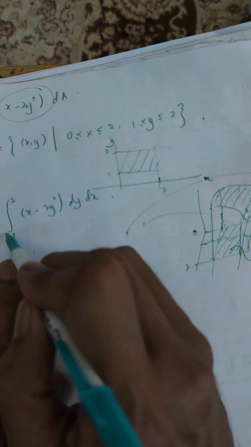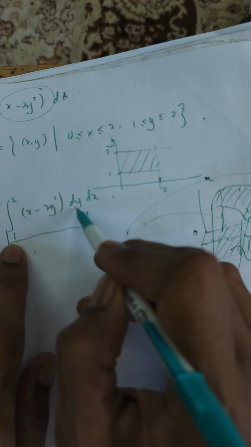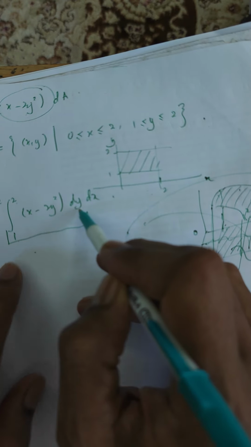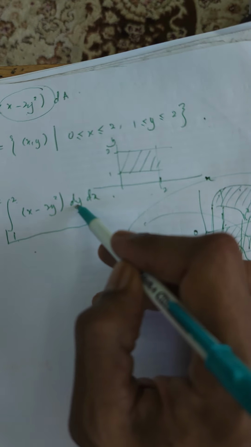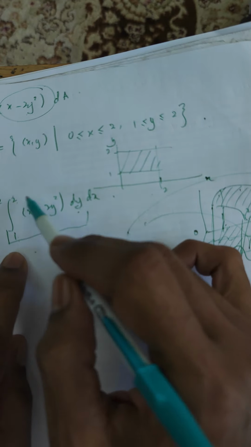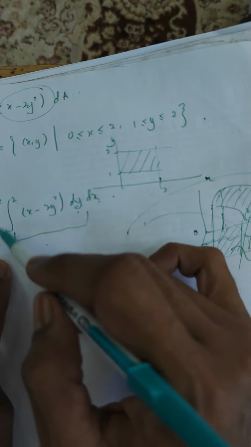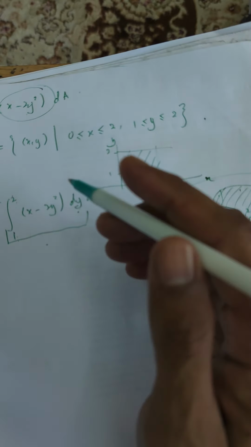Make sure that you have the correct combination between the limit and the variable of integration, the dummy variable here. If it is y, then the limit must be for y. If x, the limit is for x. You cannot interchange those.